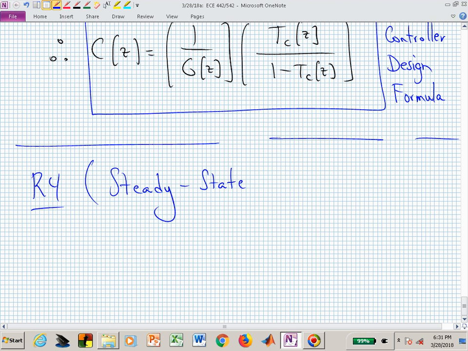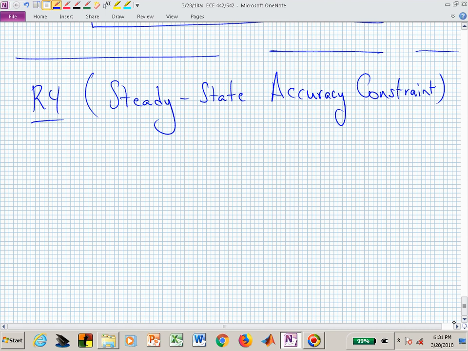We're 1% settling time. And that may be the trade-off, is transient behavior. How quick is that happening relative to how much error is happening in the steady state. Steady state accuracy constraint is what I would maybe classify restriction 4 as.